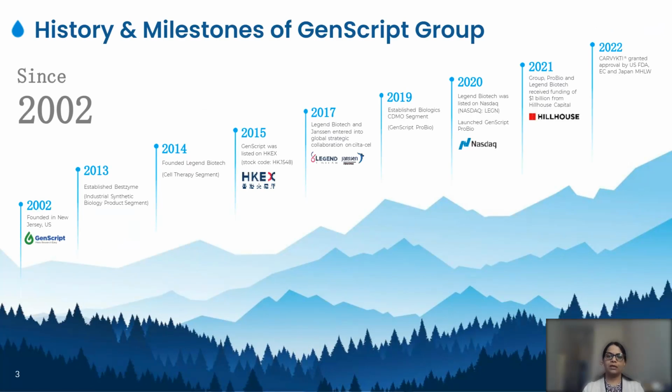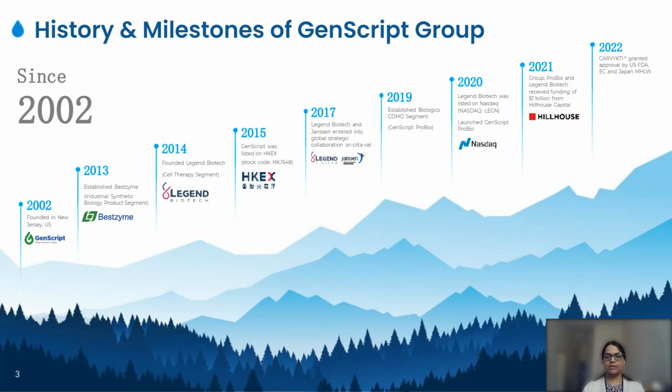Let me start by sharing some background information about the company. GenScript is a biotechnology company which provides life science services and products worldwide. And key milestones of the company's success are shown here. In 2002, we launched the first custom gene synthesis platform. In 2013, we launched Bestzyme, which is a subsidiary company for synthetic biology products. In 2014, we launched Legend Biotech, which is another subsidiary company specialized in cell therapy.